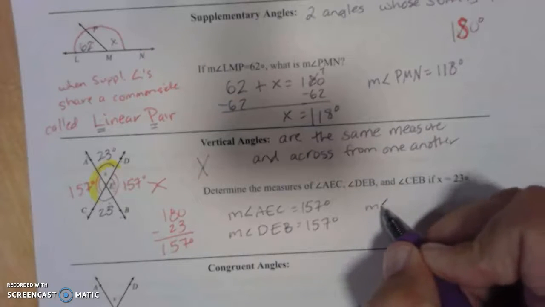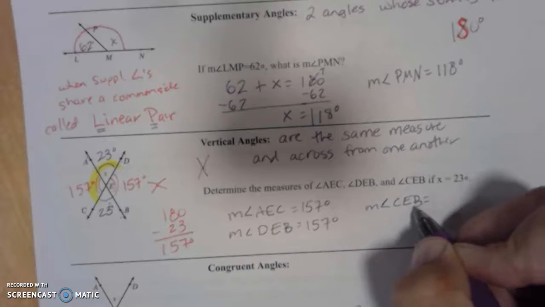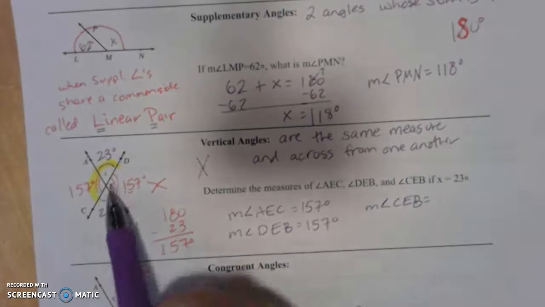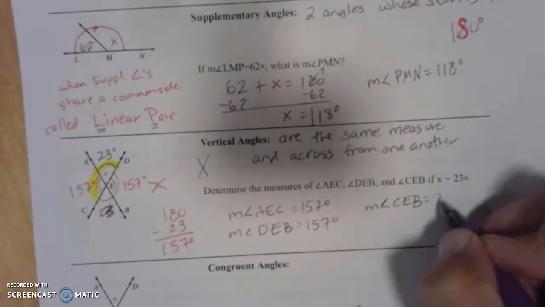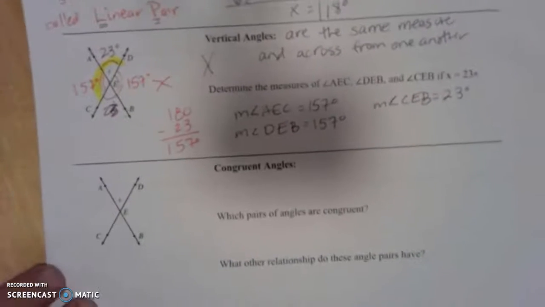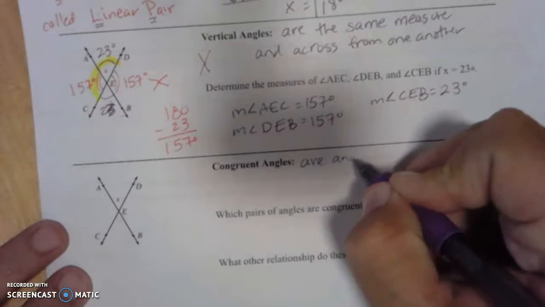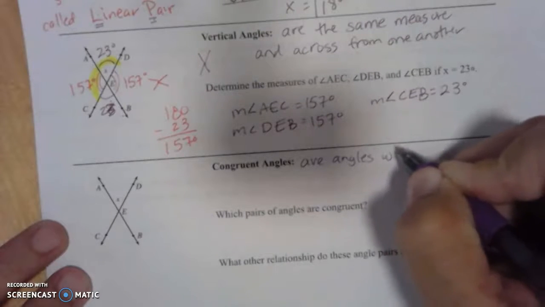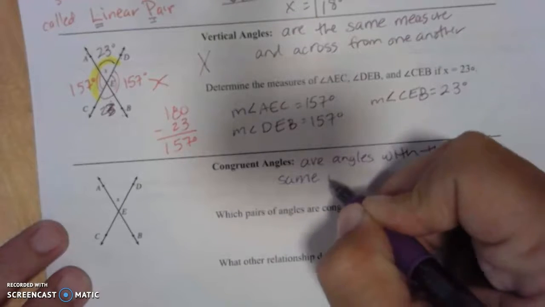And the measure of angle CEB equals 23 degrees. Let's make my 3 a little bit prettier. 23 degrees. There we go. We've answered that problem. Okay, congruent angles. Congruent angles are angles with the same measure.